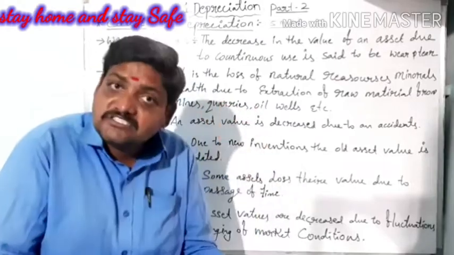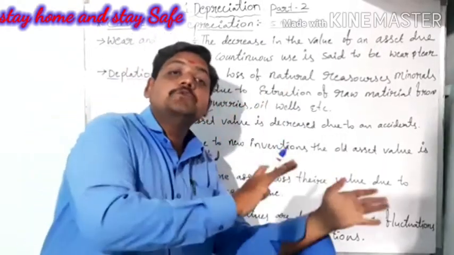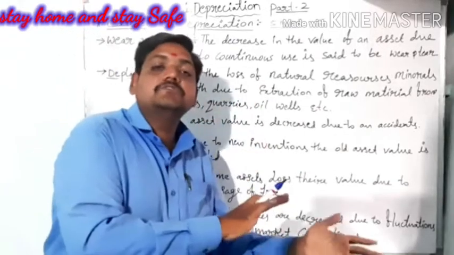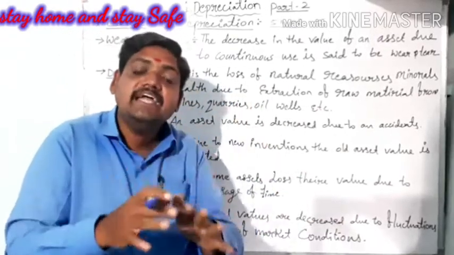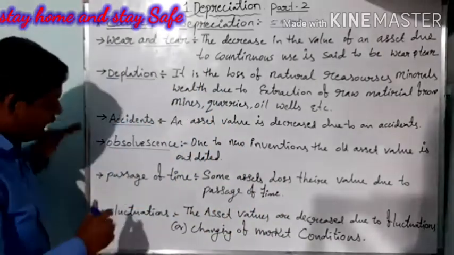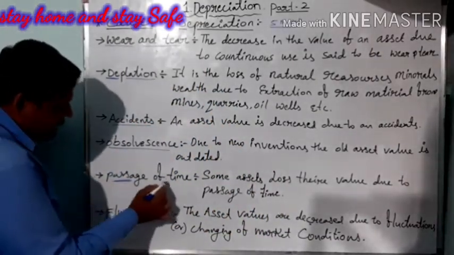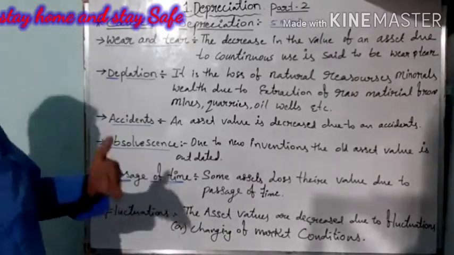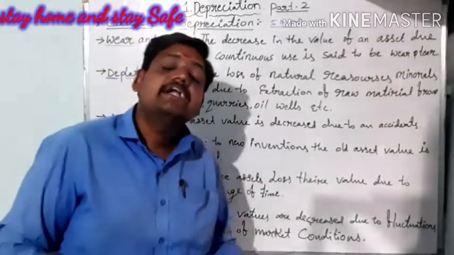It may be used or may not be used. That asset value may decrease. That is called passing of time. By the passage of time, asset values are going to decrease.